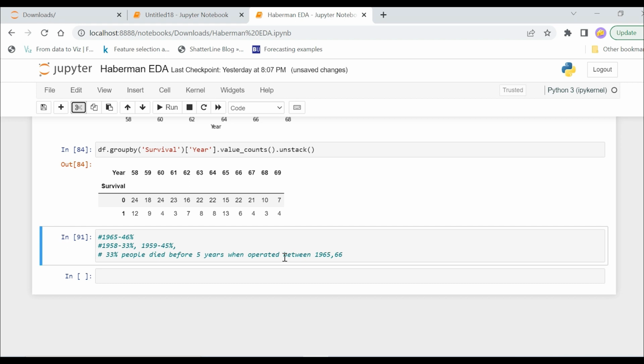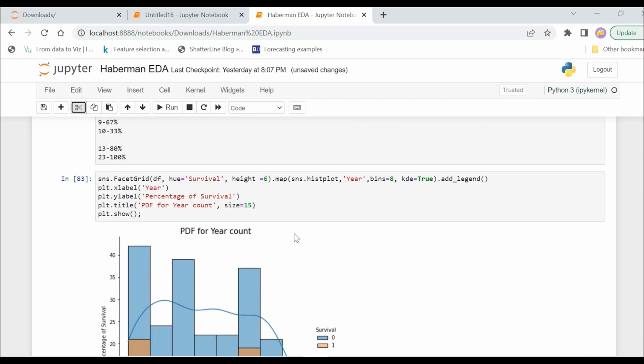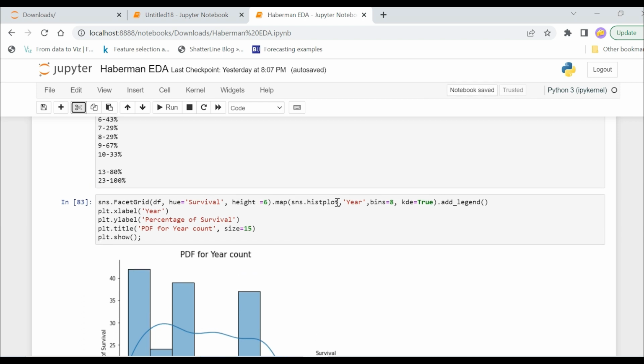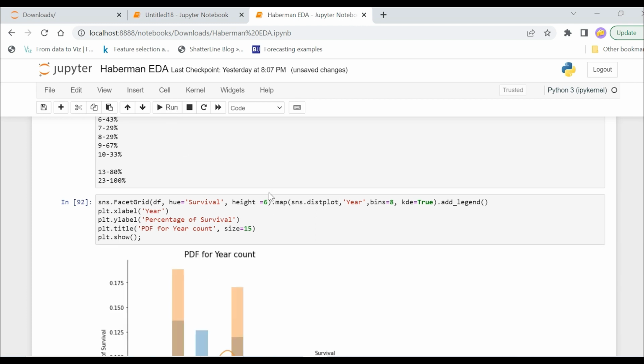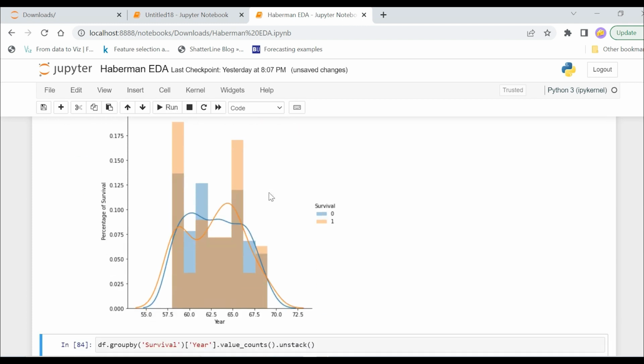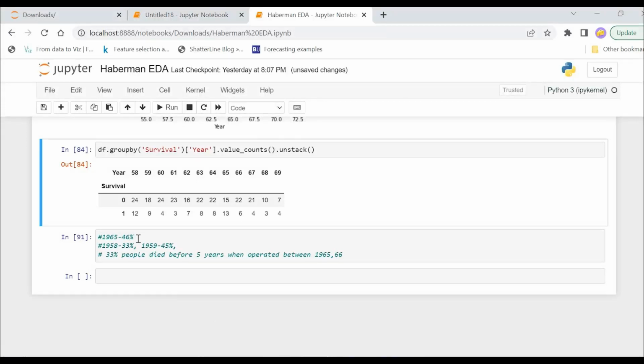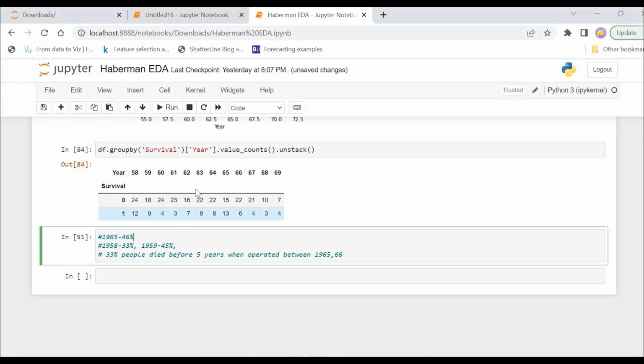Also, you can also change this to dist plot and see, because the vertical lines will go. So here you can see the maximum is 65. So maximum is 65, which is 46%.